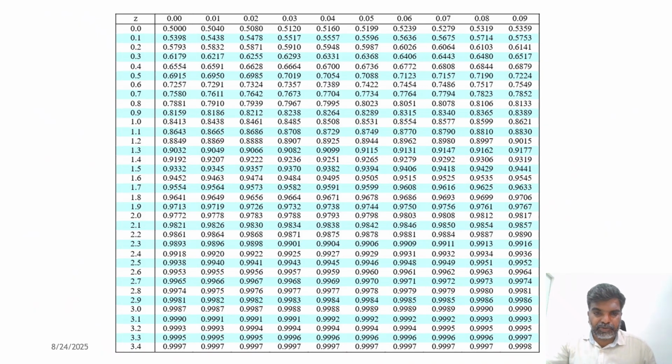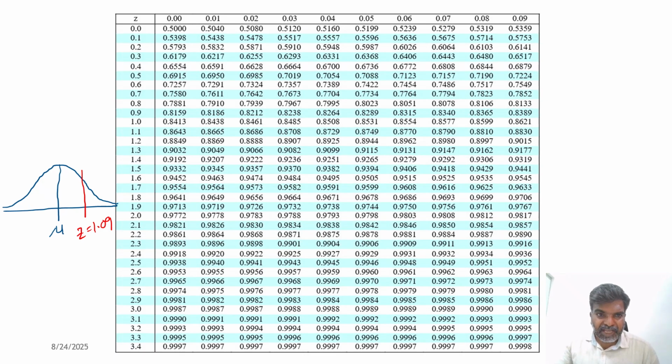Once again, you can see how to use the table. In our last problem, see what is Z? In one case it is 1.09. Okay, in this table you have to look for the Z value 1.09. In the first column you have to see 1.0. See, this is 1.0 in the first column.